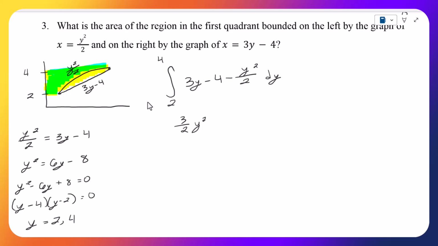Then negative 4 becomes minus 4y. Then we have negative y squared over 2, which becomes negative y cubed, divided by the new exponent, 3, so that ends up being 6, from 2 to 4.